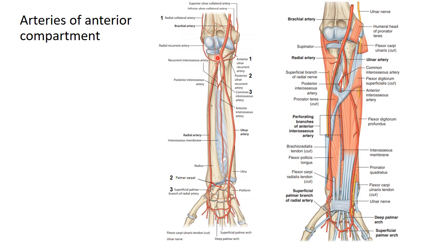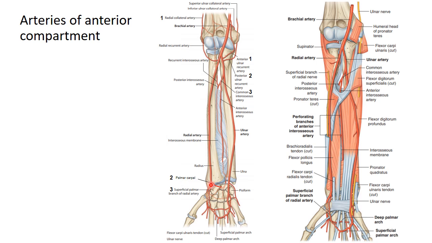The second is numerous muscular branches, which supply the muscles on the lateral aspect of the anterior compartment, and at the wrist it gives off a small palmar carpal branch. Palmar means anteriorly, toward the palm of the hand; carpal means at the wrist. This palmar carpal branch contributes to the formation of anastomosis around the wrist joint. It also gives an articular branch to the wrist joint.